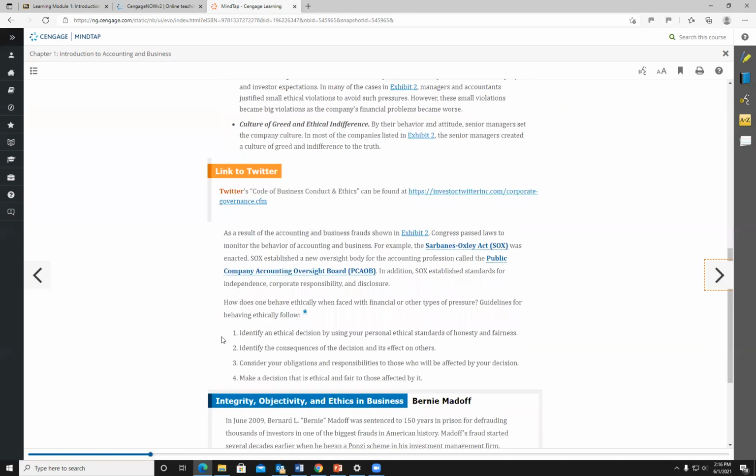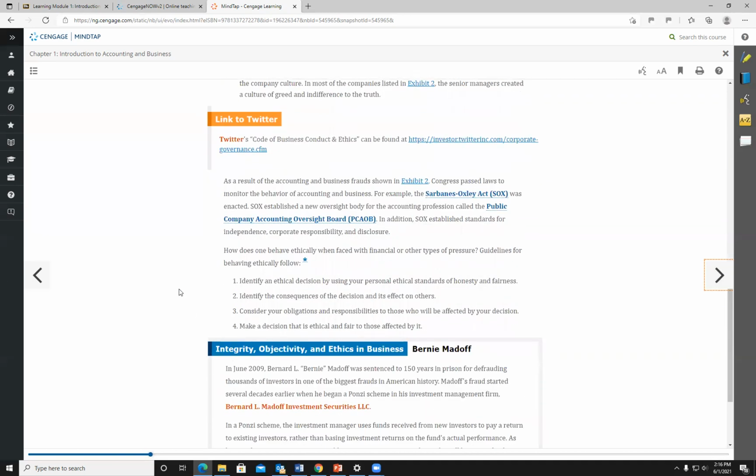So as a result of the accounting and business frauds shown in Exhibit 2, Congress passed laws to monitor the behavior of accounting and businesses. An example of that is the Sarbanes-Oxley Act, which created the new oversight body for the accounting profession called the Public Company Accounting Oversight Board.